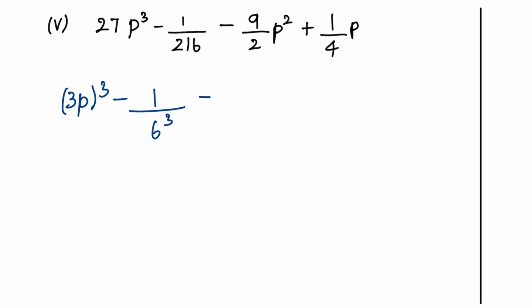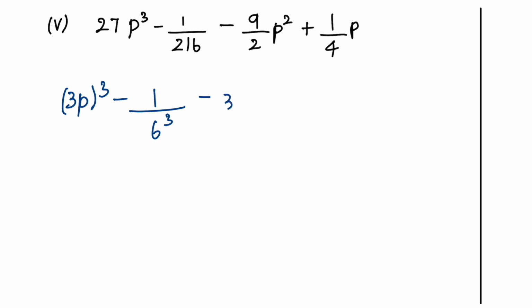Okay. So you can guess, right, what I've just told in the previous question. It has cubic polynomial, so it should use the identity x plus y the whole cube or x minus y the whole cube, but we know it has negative terms. Okay, it has negative terms, so it should be x minus y the whole cube, right? So x minus y the whole cube is x cube minus y cube minus 3xy into x plus y.